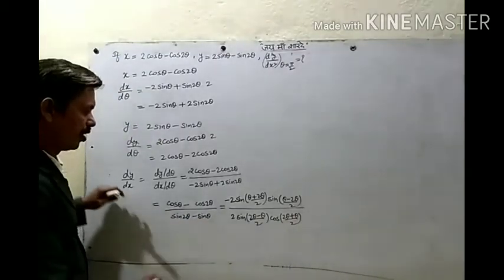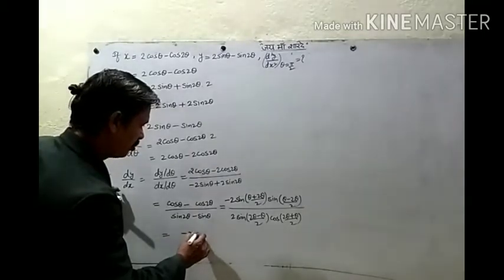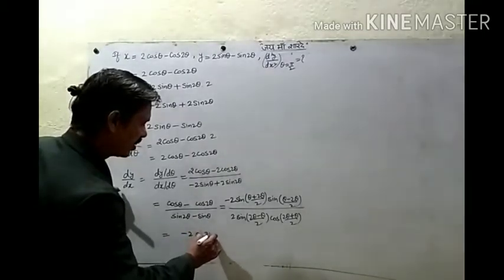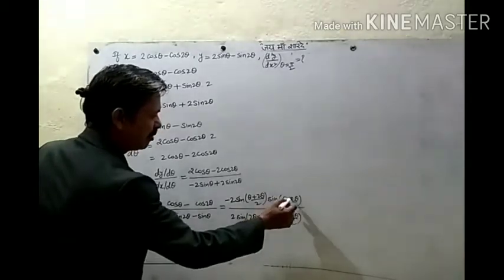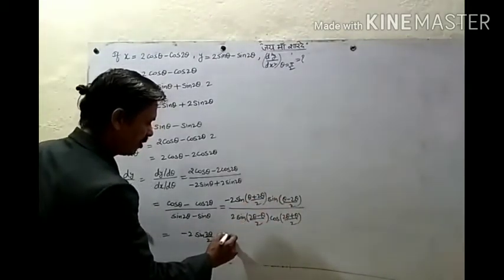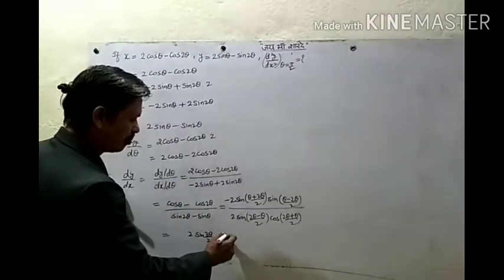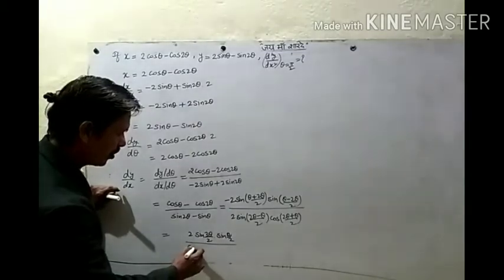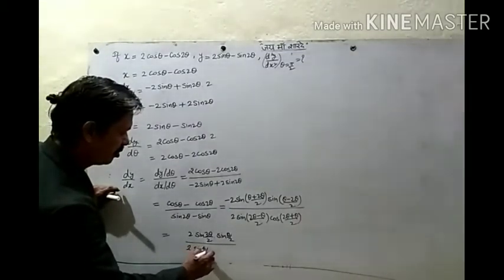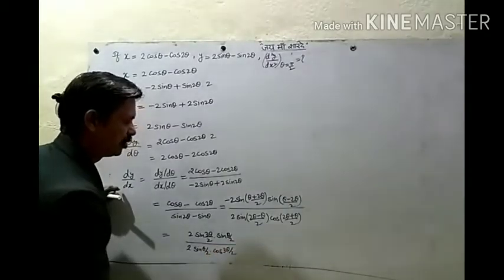So what do we get here? Minus 2 sin 3 theta by 2 into sin of (theta minus 2 theta) by 2, which is minus theta by 2, and sin of minus theta is minus, so the minus becomes plus, upon 2 sin theta by 2 into cos 3 theta by 2.